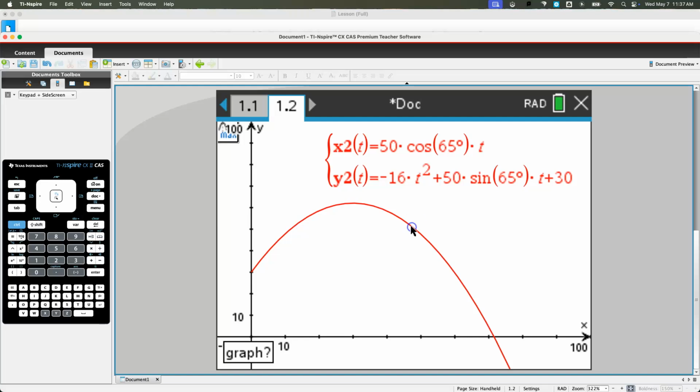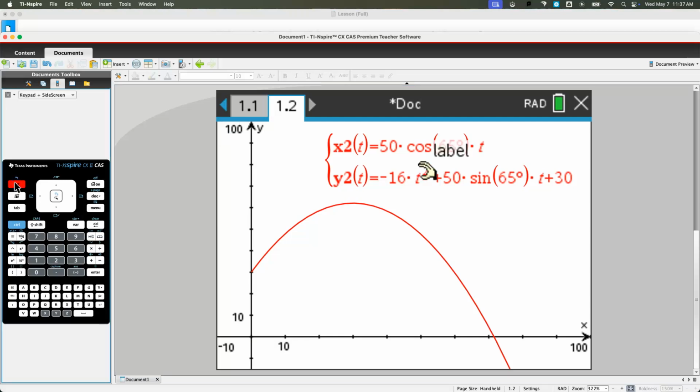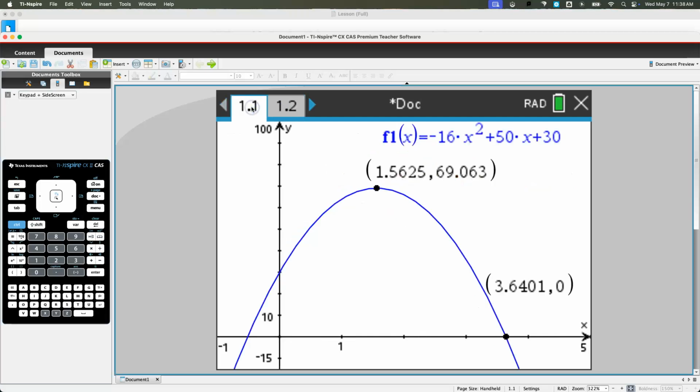I can't get a maximum of it because it's asking me to choose this particular graph, and it won't let me choose the graph because it just doesn't do it. So what we have to do then is we've got to go back to our function. Okay? And so for me, that was this one. We're going to go back to this one.